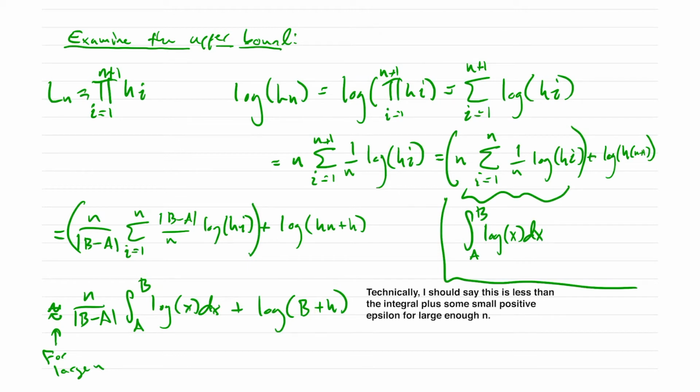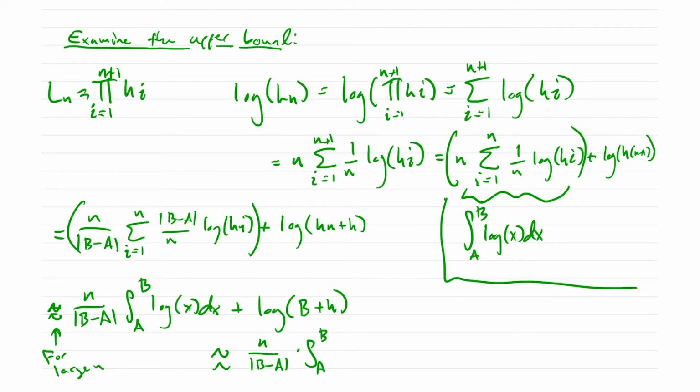And so this, again, can be thought of as being n over b minus a times the integral from a to b of log of x dx plus the log of b times, let's just say, log of 2b. So I'll just say this is less than that.